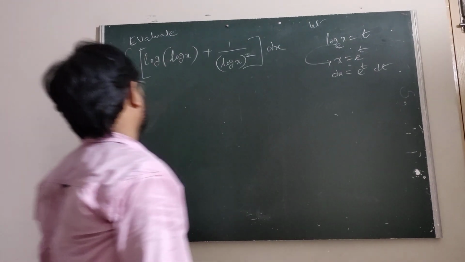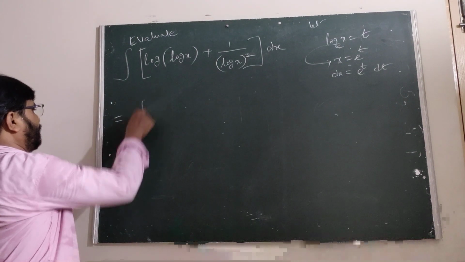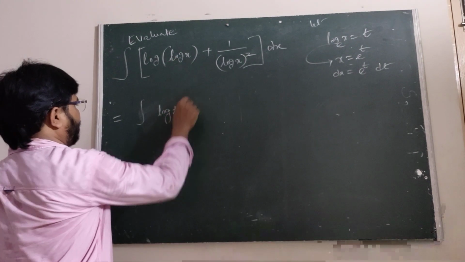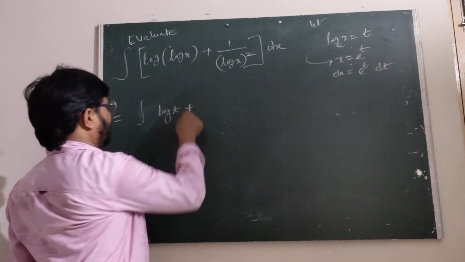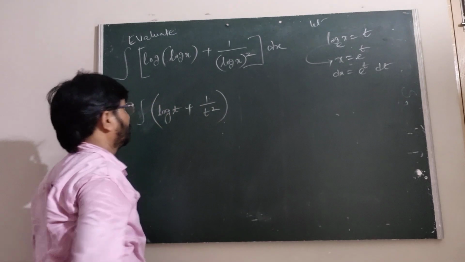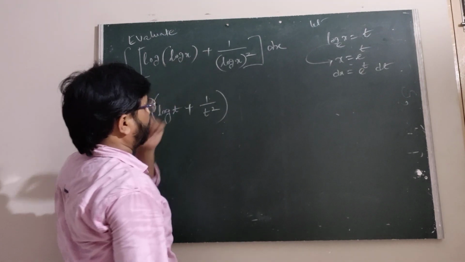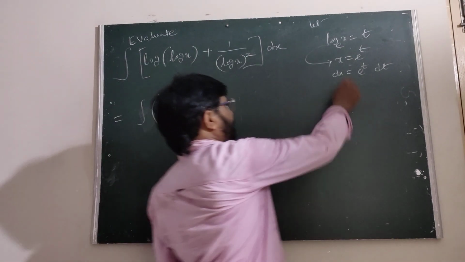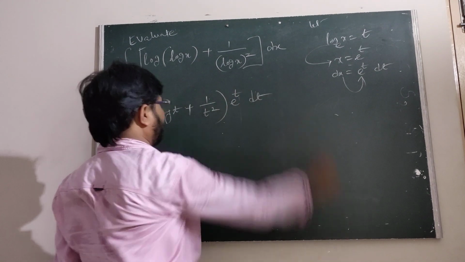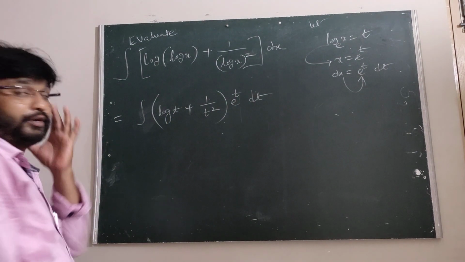Now we are writing the integral of log of t plus 1 by t square, with dx equal to e power t into dt.